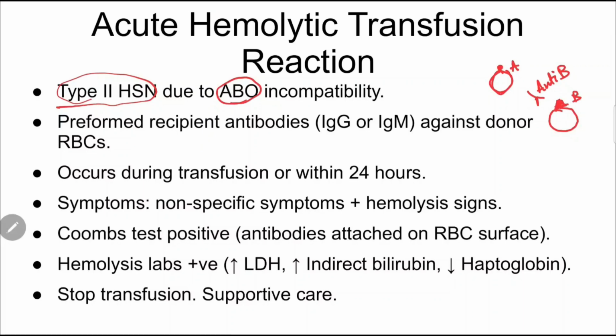What happens is that there are preformed recipient antibodies, either IgG or IgM, against the donor RBCs. Let's say our recipient is O positive.